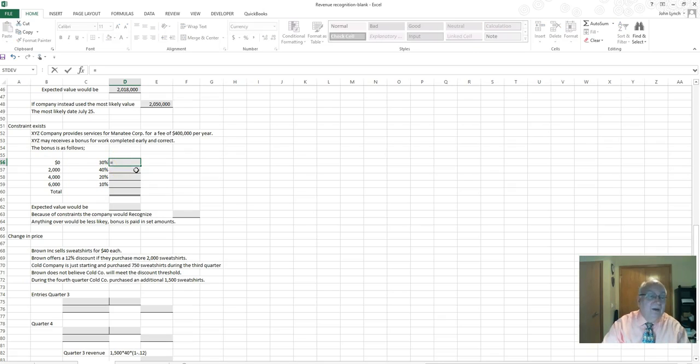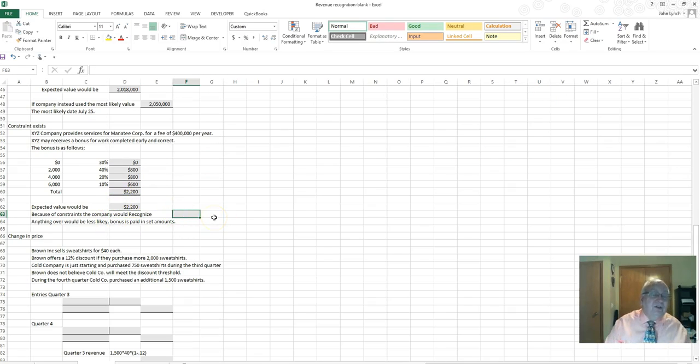For the expected value, we'd multiply each of these dollar amounts by the percentage. And so you say 0 times 30%, 2,000 times 40%, 4,000 times 20%, and 6,000 times 10%. For the expected value, add those up, so we would have $2,002.